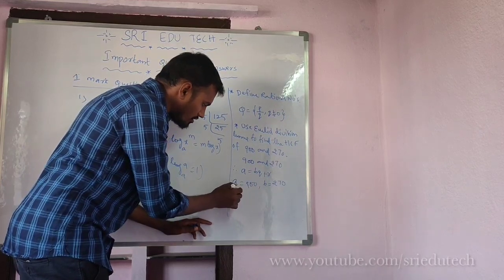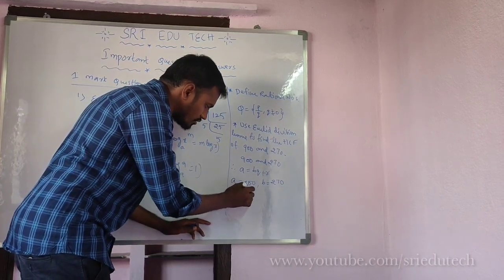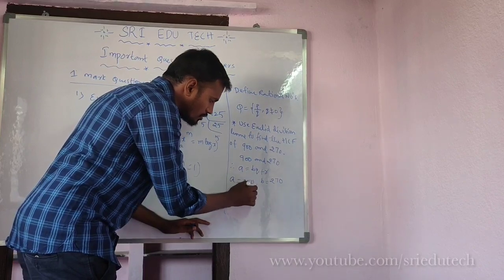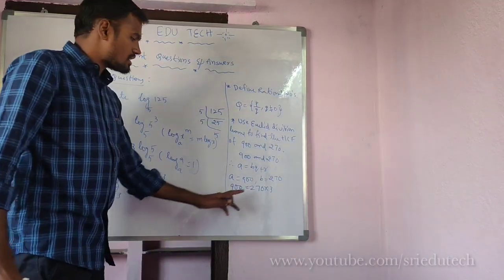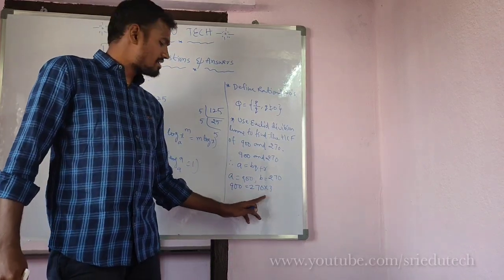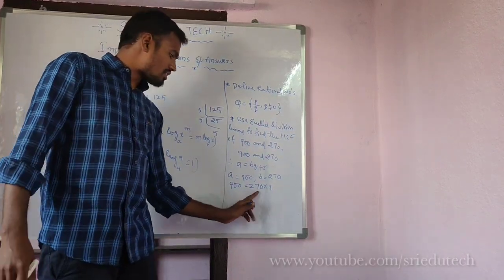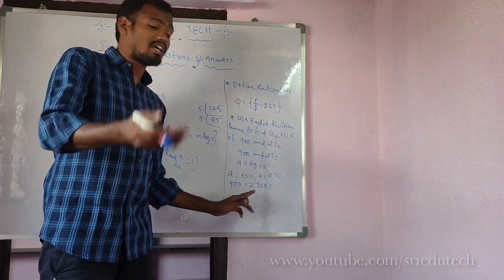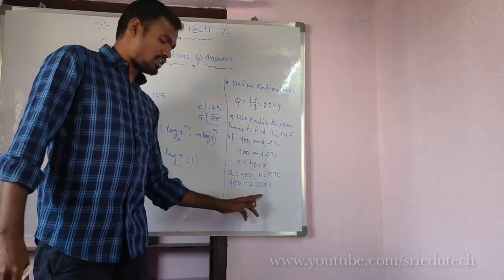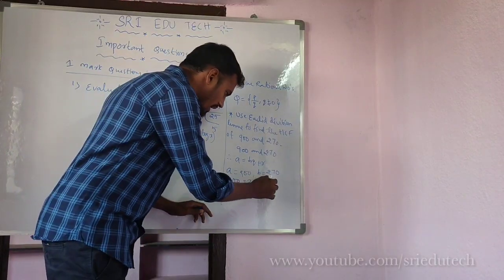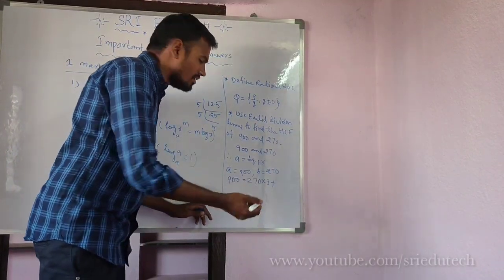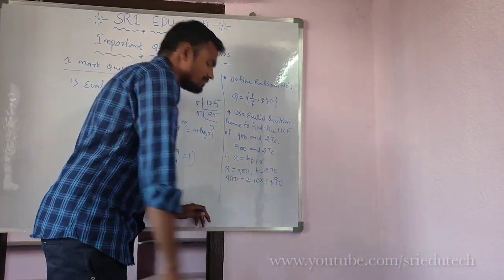Write 900 is equal to 270 into 3, which means 810. 270 into 4 is greater than 900, so that is not possible here. So 270 into 3 is 810, plus how much remaining? 90.